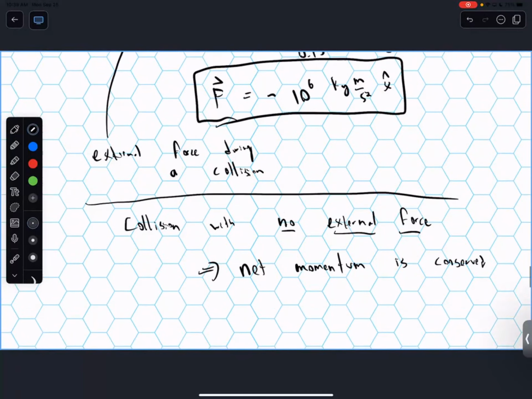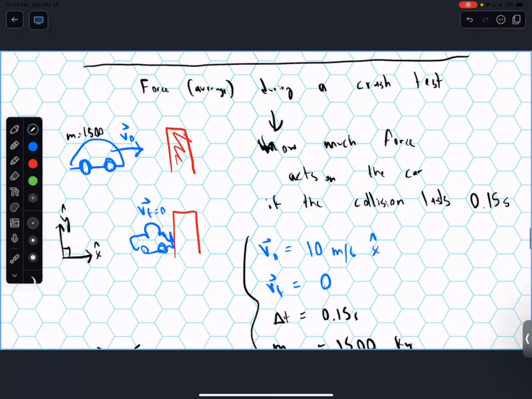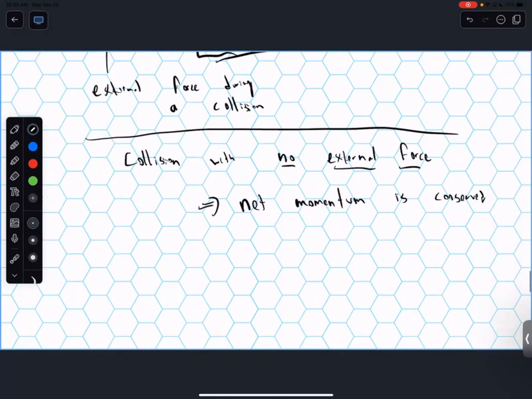In the previous problem, I definitely didn't have conservation of momentum. I'm moving at m times v, then I stop, so my momentum got absorbed by the brick wall. Here we're going to have a case where we don't have any external forces, and so we're going to be able to use conservation of momentum to actually get somewhere.